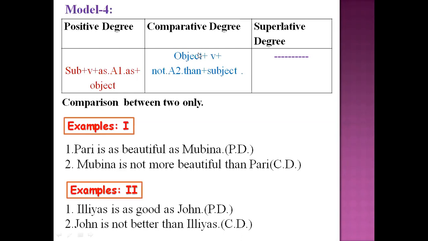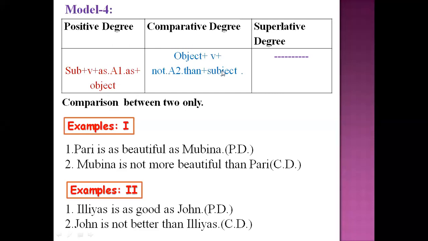And for comparative degree, the object will come first: object, verb plus not. We just remember that we definitely have to use not in the comparative degree structure in model number 4. Not A2 means comparative degree, and than plus subject.